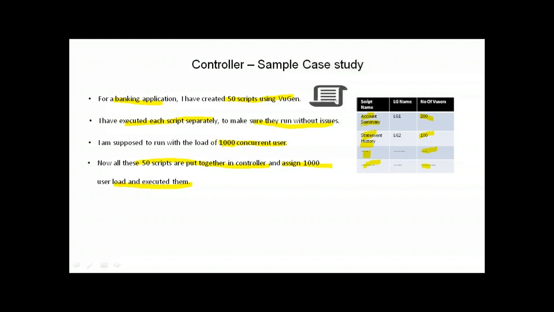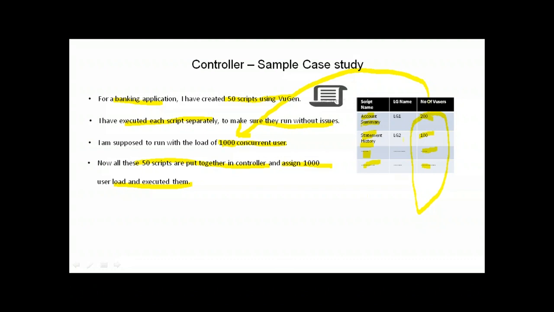So like this, you break down this 1000 concurrent users across all these scripts. When you add all this number of users across these 50 scripts, how much should it come to? 1000, because you are supposed to run the test with 1000 concurrent users.